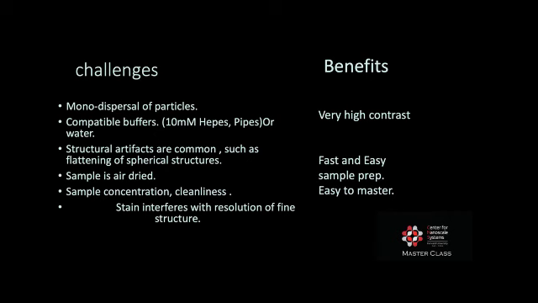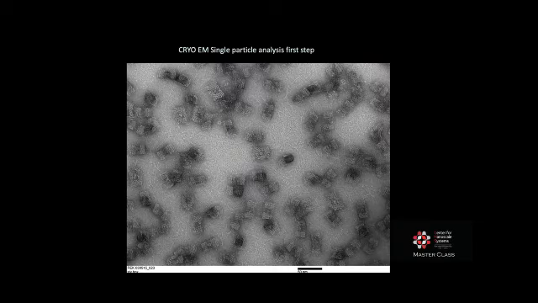The benefits, however, is that this is a really high contrast, fast, easy sample prep that is very easy to master. Negative staining is also the first critical step if you're planning on going to high resolution cryo electron microscopy. In this picture, we have a perfect sample for cryo EM.